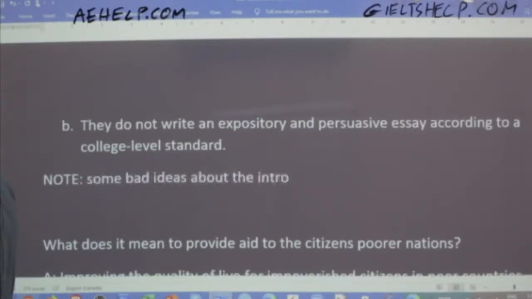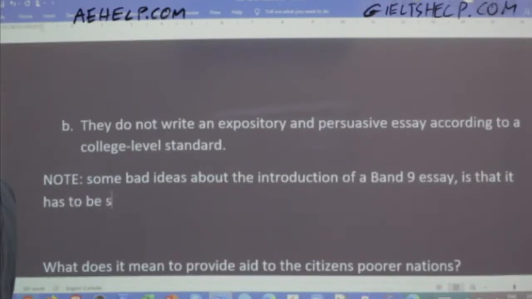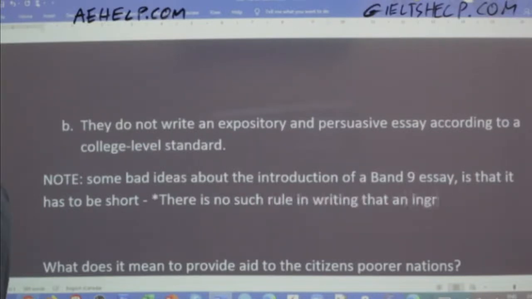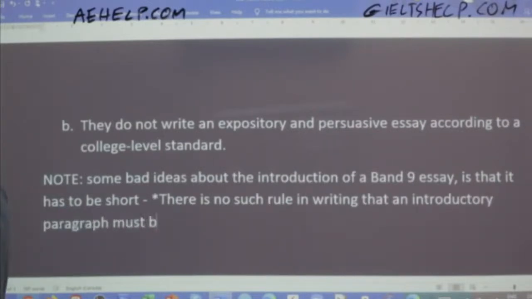Some bad ideas about the introduction of a band 9 essay is that it has to be short. Okay. I don't know where anybody got that idea, but there is no such rule in writing that an introductory paragraph must be short.